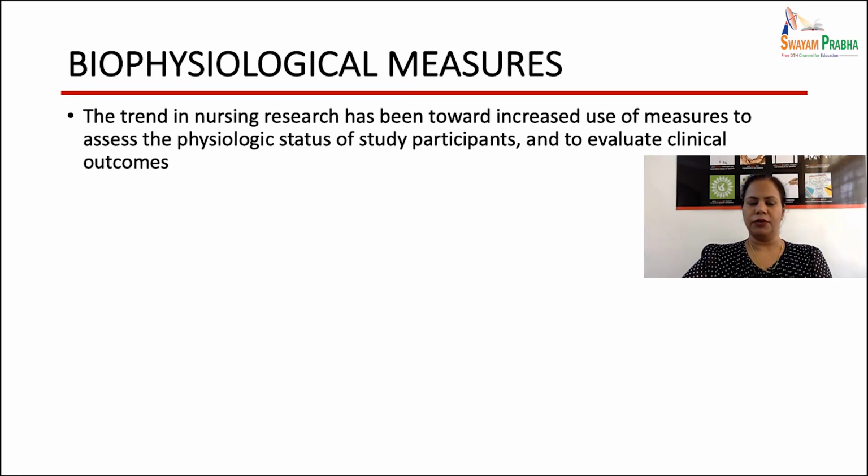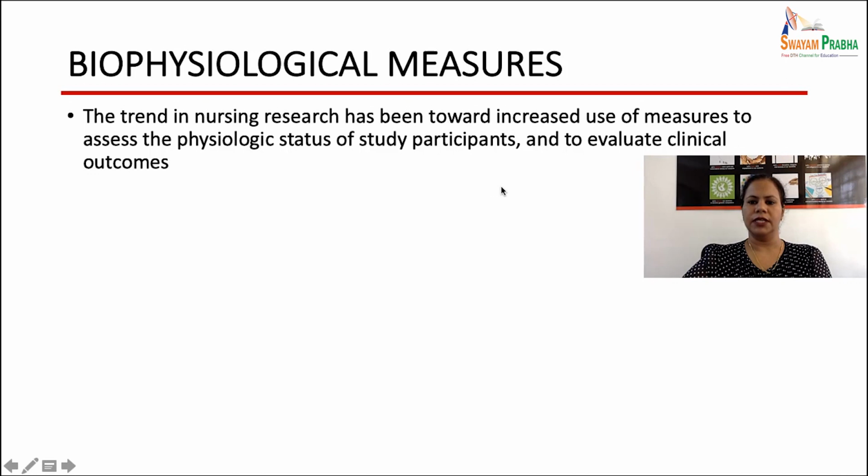As I have already told you, the trend in nursing research has been towards increased use of measures to assess the physiologic status of the study participants and to evaluate the clinical outcomes. So the study participants, when they are the patients who are admitted in the hospital, we need to evaluate the clinical outcomes of the interventions which we are providing them when they are admitted in the hospital or when they are discharged.